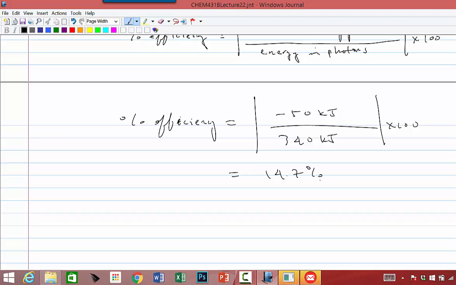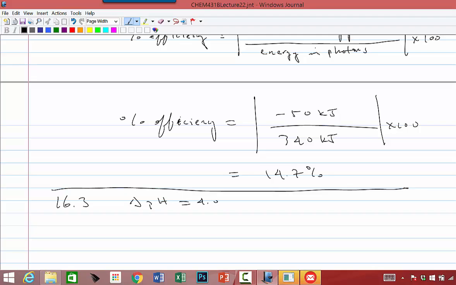Okay, so let's go ahead and set up this problem. They give us that the delta pH value is going to be equal to 4.0. And I'm just going to jot down some things from the problem.